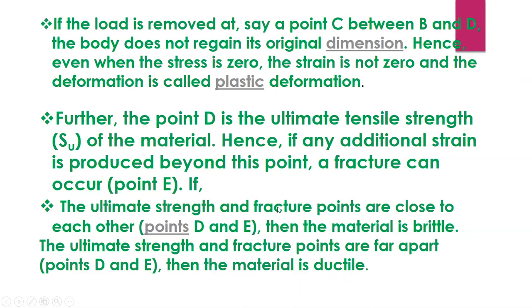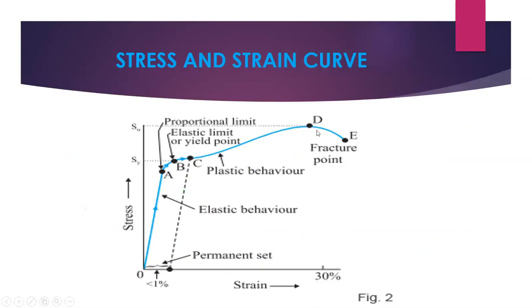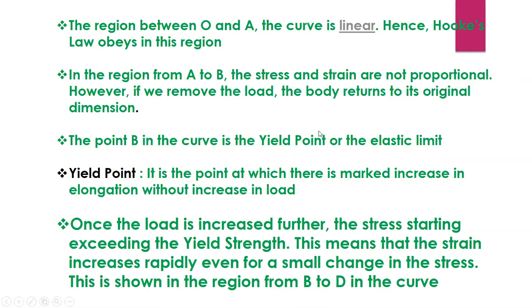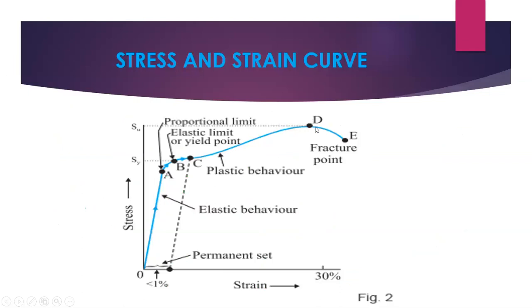If the ultimate strength and fracture point are close to each other, the material will be brittle. So when D, the ultimate strength, and the fracture point are very near, it will become brittle. Different materials have different stress-strain curves. If a material has D and E very near, what will happen?